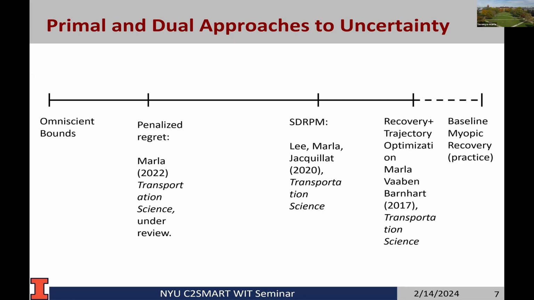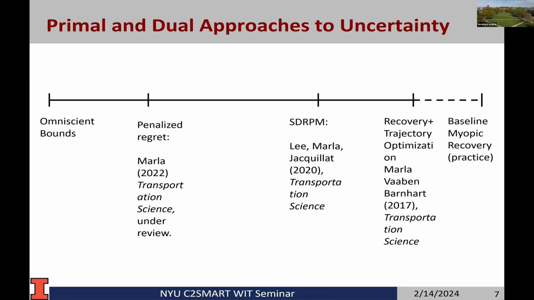So this other work talks about an idea of penalized regret, which gives the bound, the limit that you can hit in terms of cost. If here is my cost on myopic recovery, this is high. We've shown that the cost of joint proactive-reactive recovery is going to be a little lower than that cost. So we get better.